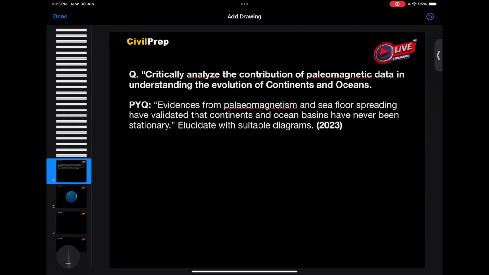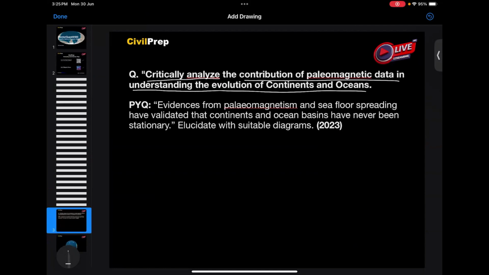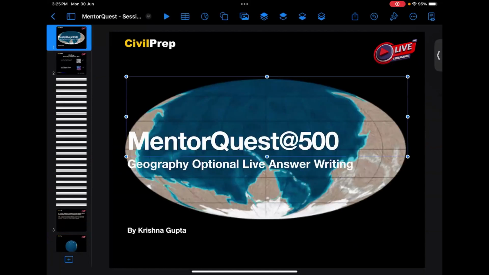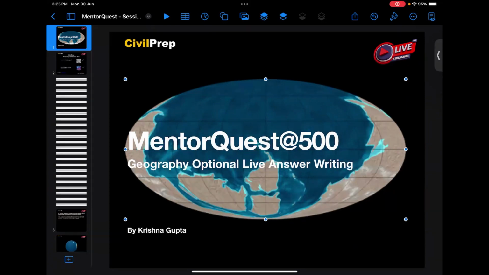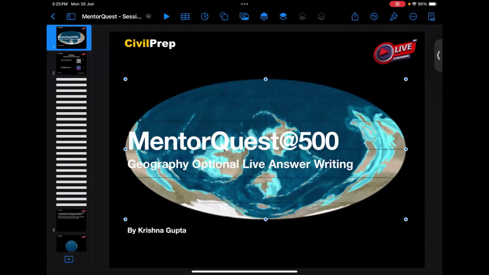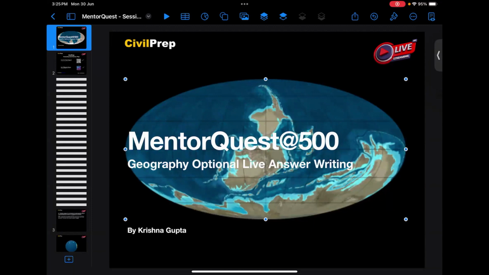First question which we have here is: critically analyze the contribution of paleomagnetic data in understanding the evolution of continents and oceans. Now, in this diagram we can see there is a movement of the continents as well as oceans.